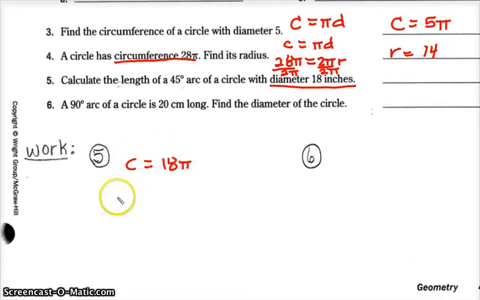And now I need to multiply that by 45 divided by 360, because that's the measure of our arc. So 45 divided by 360 times 18 pi. That leaves us with 2.25 pi.